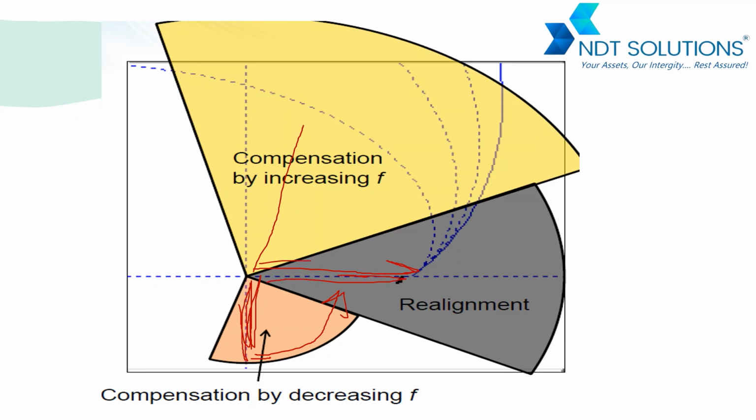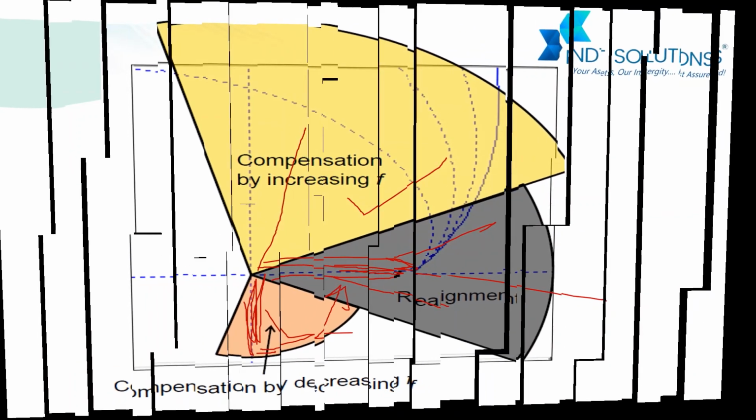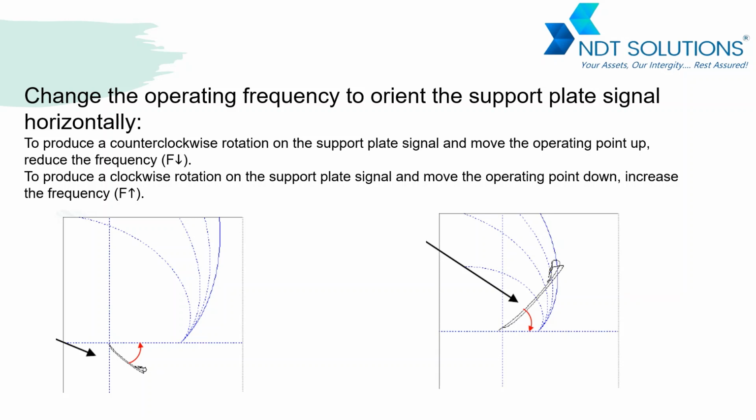If our support plate varies in this region, realignment can be done. But if our support plate is coming in this region or in this region, we need to increase or decrease the frequency based on the orientation of the support plate. This picture also represents the same as we discussed earlier.